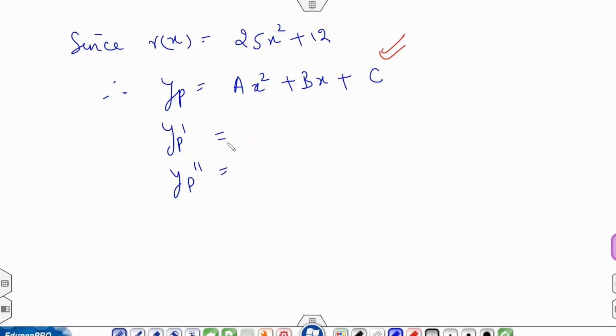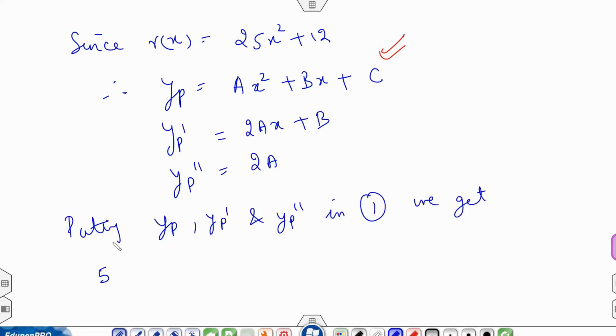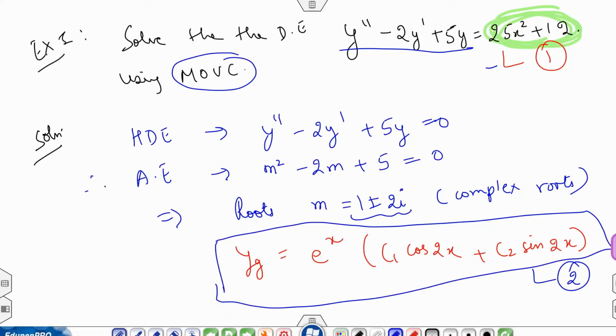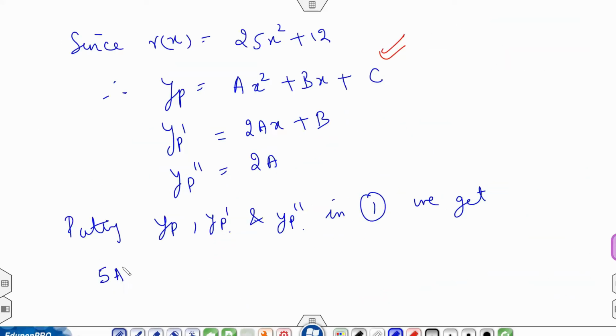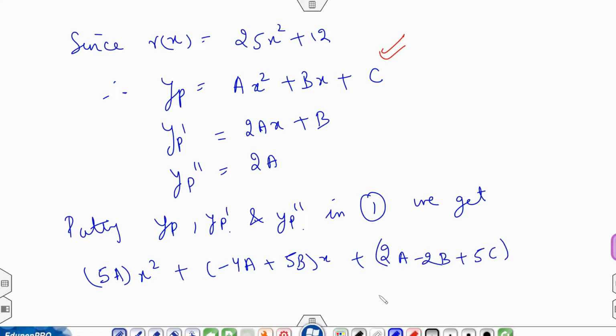So let's find yp' and yp'', and then substituting we get, I'll just write down. I have put the values of yp' and yp'' in the equation and collected the coefficients, and I am writing it down directly. You can do a little algebraic manipulation yourself and check that this will be the coefficient of x², this will be the coefficient of x, and this will be the constant, which will be equal to 25x² plus 12.